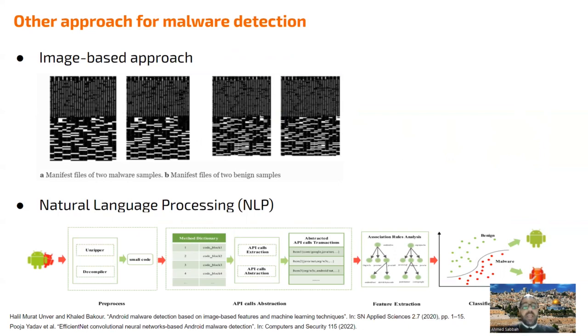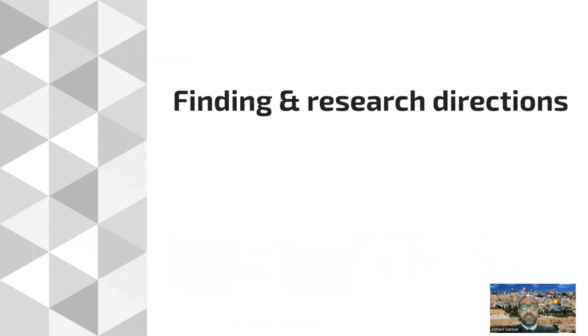We can use this feature with natural language processing techniques. In this example, they use the static smali code extracted, then create a method dictionary and use a natural language processing technique to classify and detect the malware.